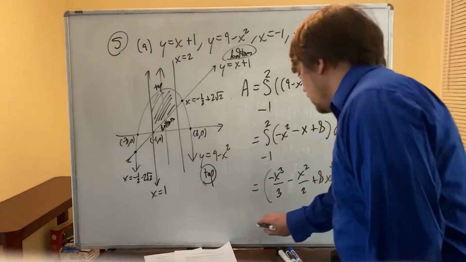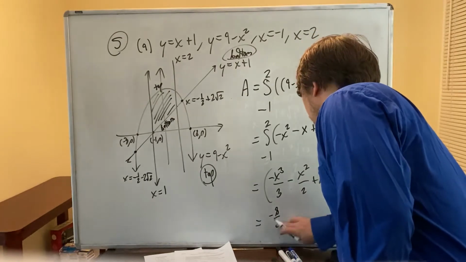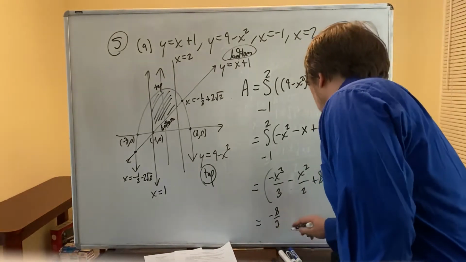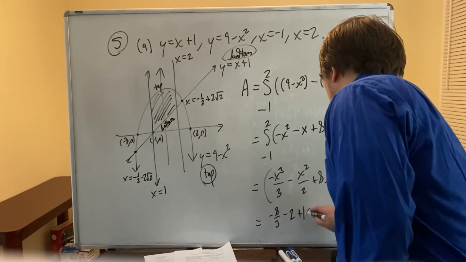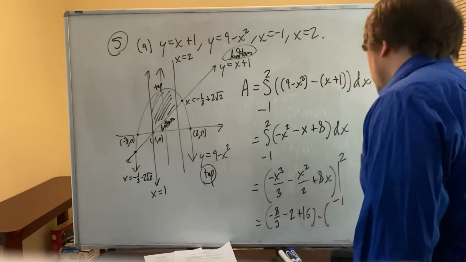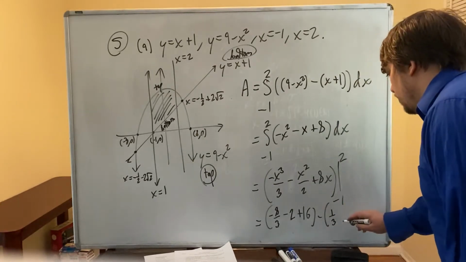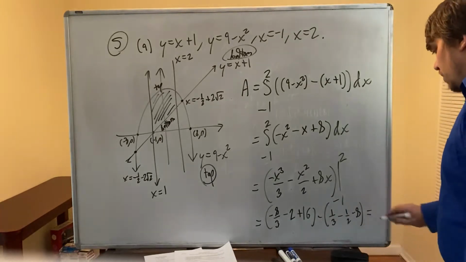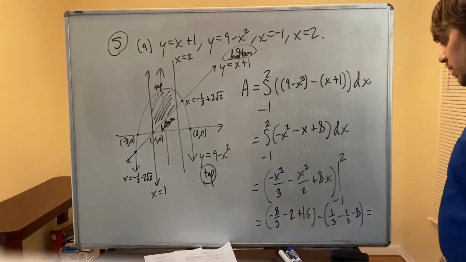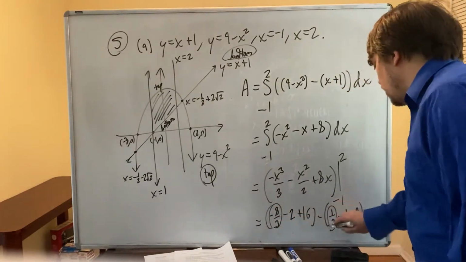And so you just plug in a 2 there, you get negative 8/3 minus 4/2, which is minus 2, plus 16, plugging in a 2, minus plugging in -1, you get positive 1/3 minus 1/2 minus 8. And so we add this up and subtract that, you get negative 8/3 minus 1/3 is negative 9/3.